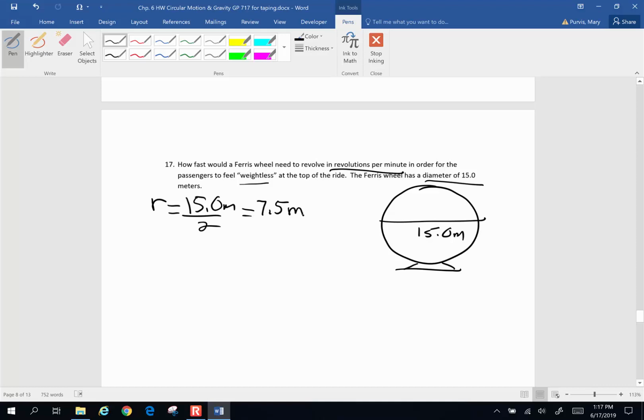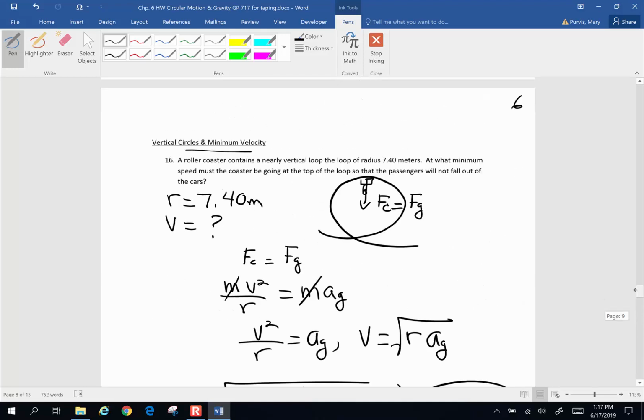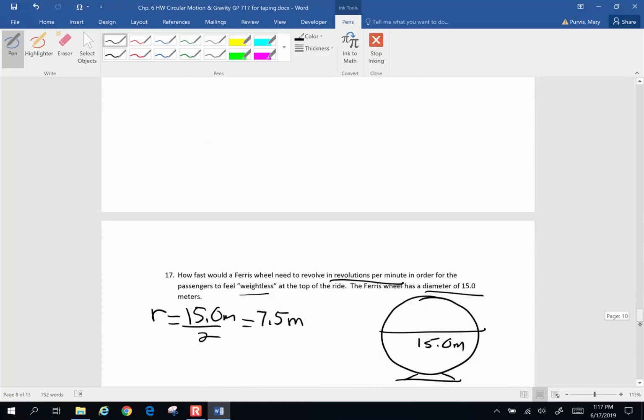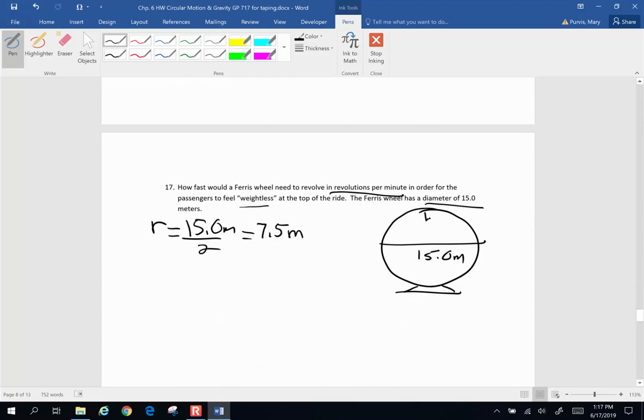Now we want to create a weightless situation. So what do I mean by weightless? Well, weightless is kind of the same situation we just talked about in the previous problem. We have to create a situation where the centripetal force is exactly equal to the force of gravity. When that's what's going on, then at the very tippy top the velocity just to go around is going to be equal to the square root of acceleration of gravity times radius.